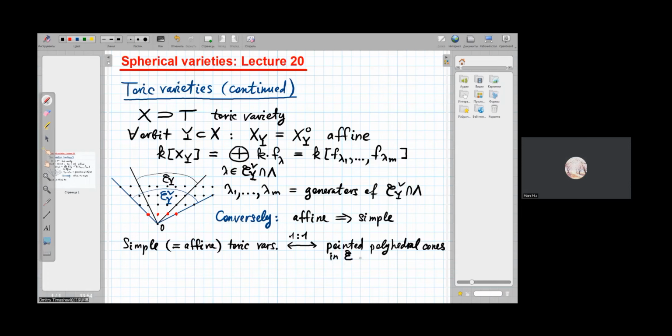So the color set is empty, and I have just to look at the cone.